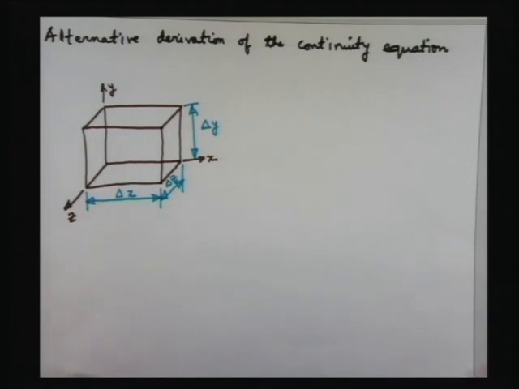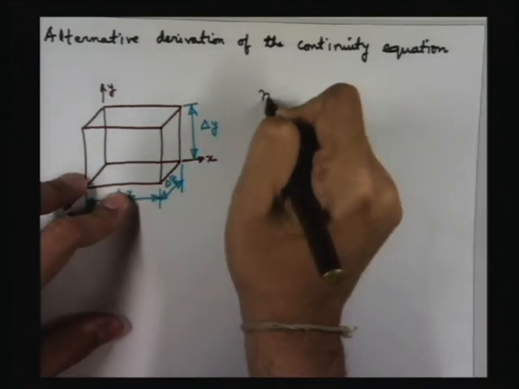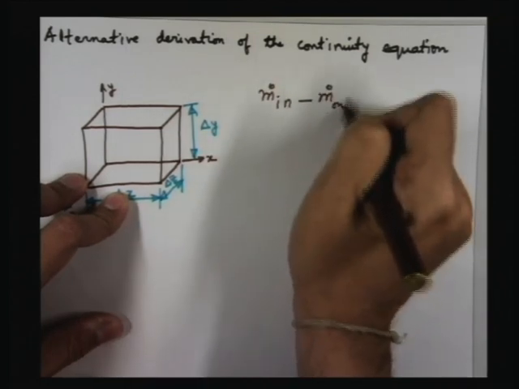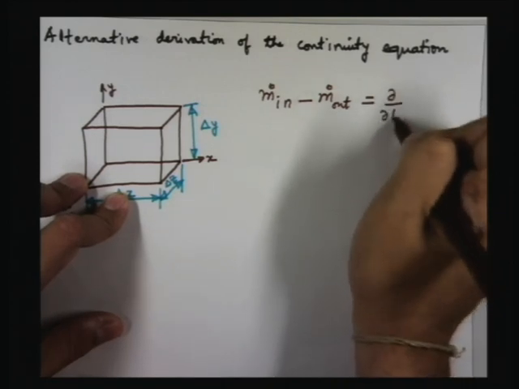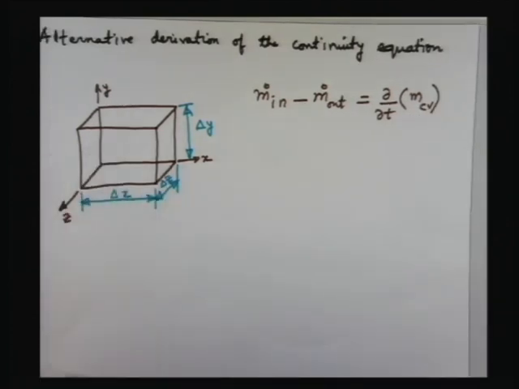So let us write this statement in words: m dot in minus m dot out is equal to the rate of change of mass within the control volume, right? So this is the very basic conservation principle in a physical sense.